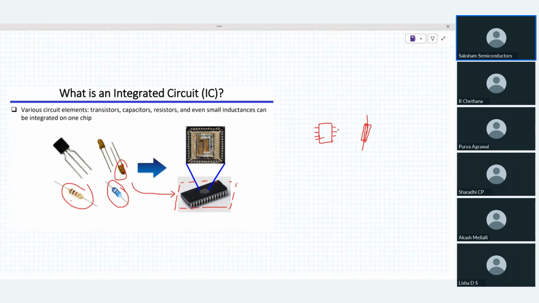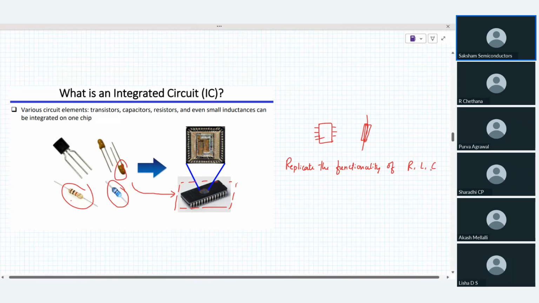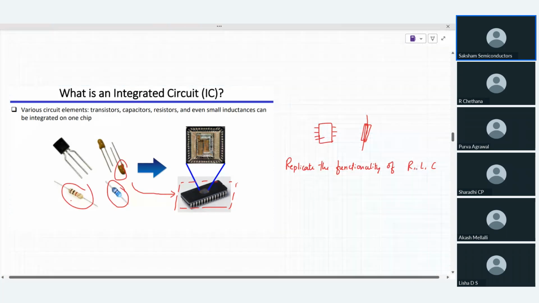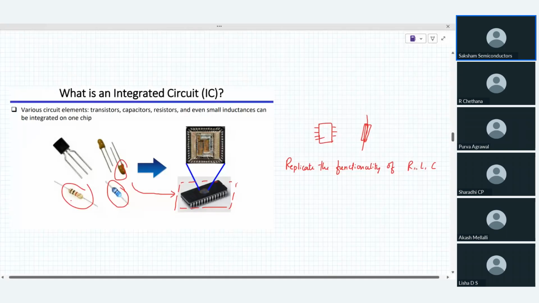So what we usually do is replicate the functionality of RLC. These are majorly the three components which effectively consume 99% of your circuit theory, isn't it?